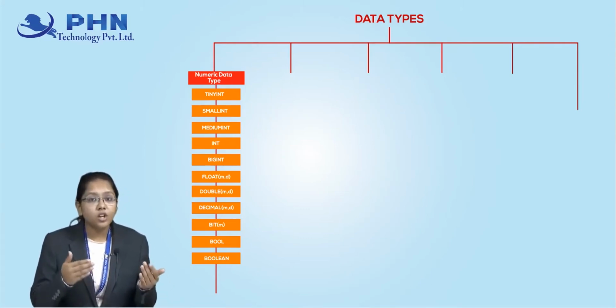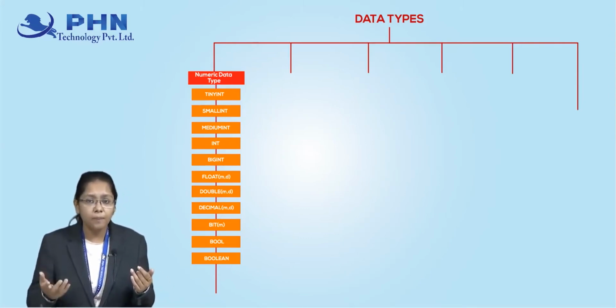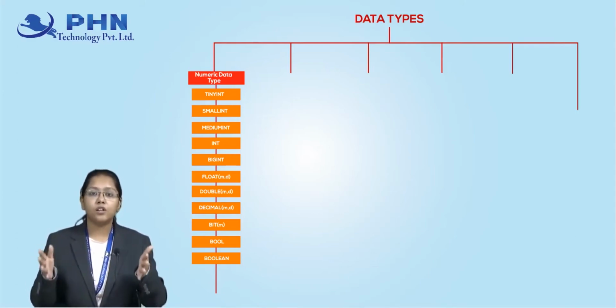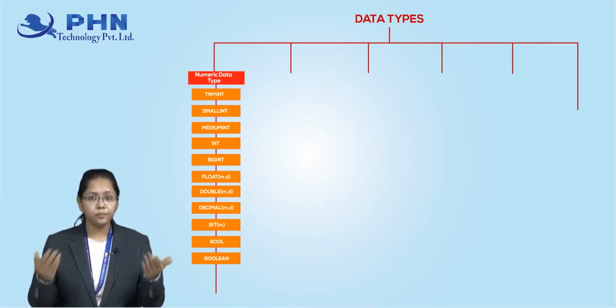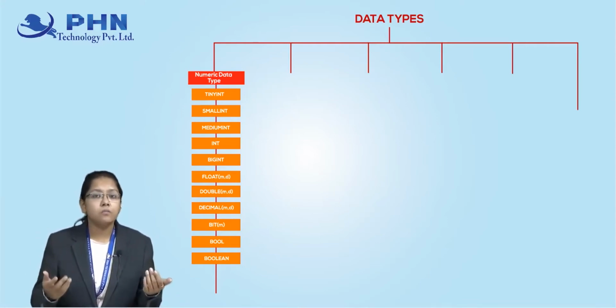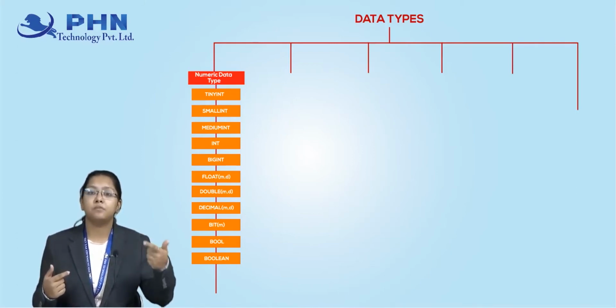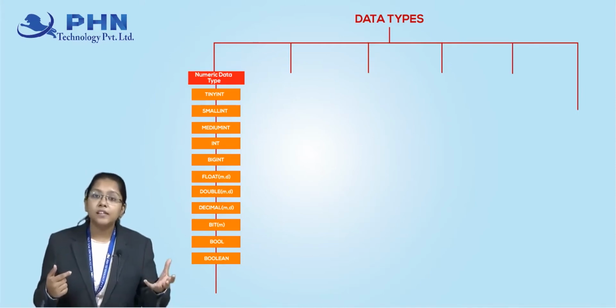Whereas if you consider date and time, sometimes in databases we need to store the date. For example, if a student is filling the admission form, you need to store the date of that particular student's admission. So at that time what will you require? The date and the time.